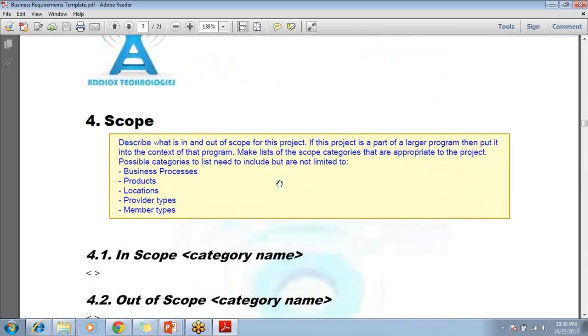Now, scope, very important. When you are doing a project, you must understand what the boundary is, how far you can go in terms of the requirement. And this is not for you to define the boundary. The boundary will be decided by the people who are providing the requirement. You just need to stick to that boundary. That's what a BA does.